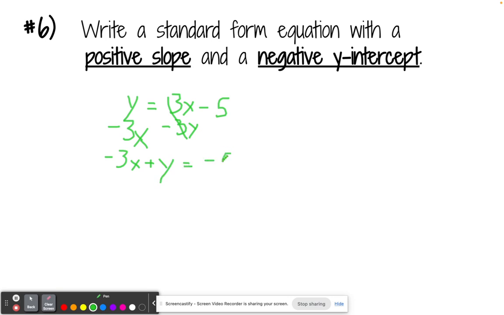Now, one thing you'll notice, once I get my a, or my -3, to be positive by multiplying by -1, my positive x is still positive, my y is now negative, and what was my -5 y-intercept now is a +5. 3x minus y equals 5.